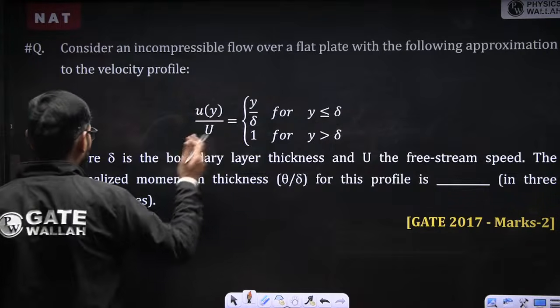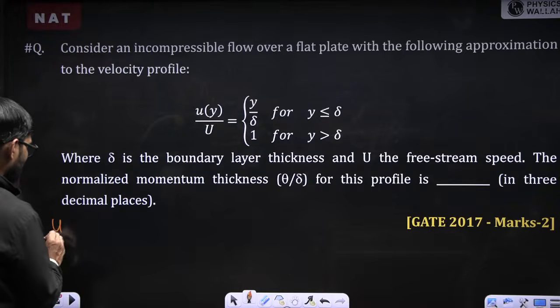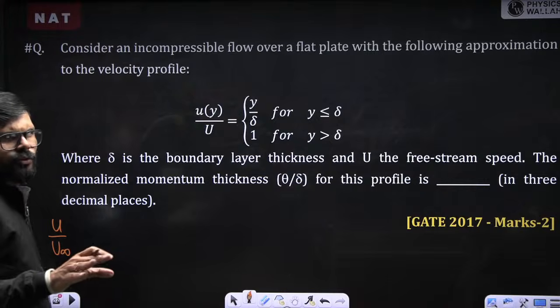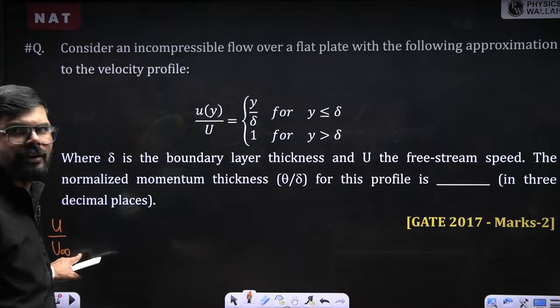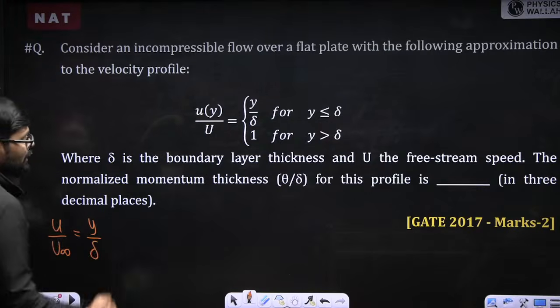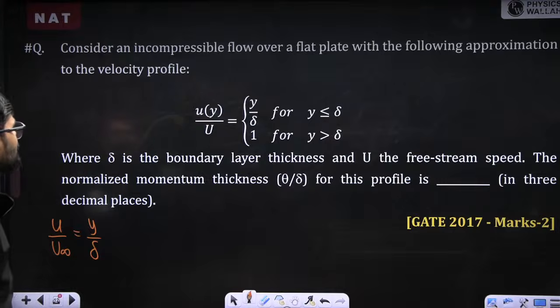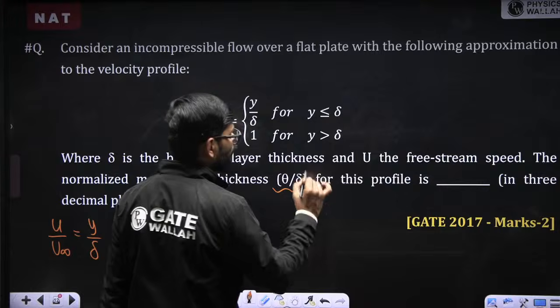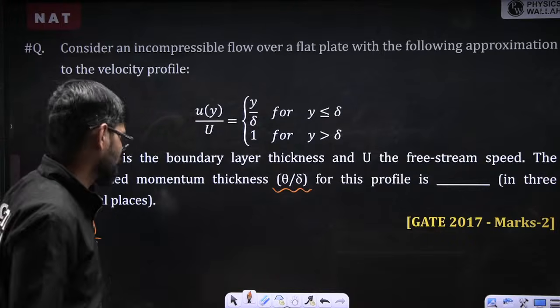So up to delta you can consider u by u infinity equals y by delta, a linear velocity profile. Theta by delta we have to find out. Momentum thickness, not displacement thickness.